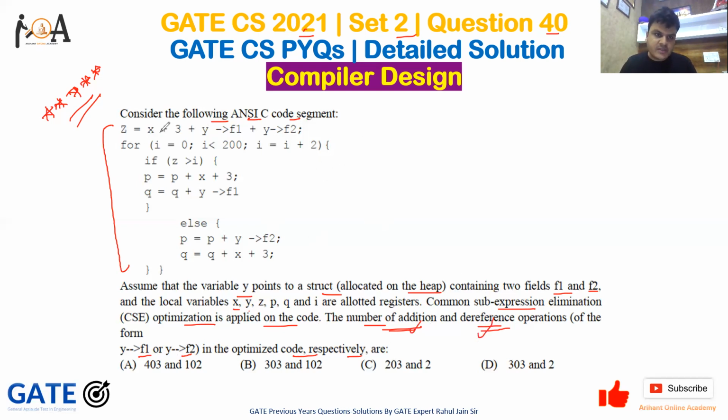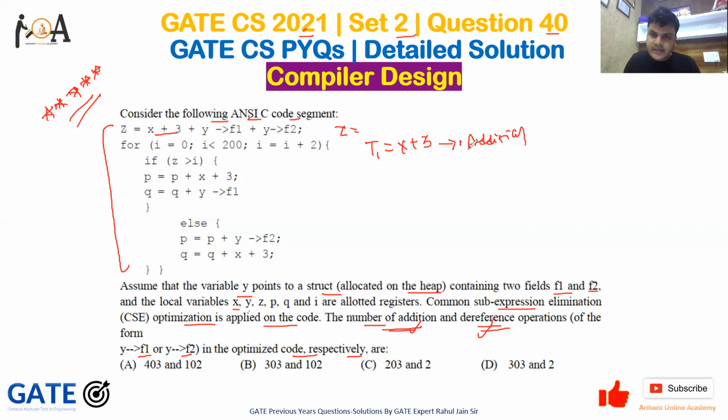So if you observe the first one, that is z equals x plus 3. Basically, x plus 3, I can write it like t1 equals x plus 3. So this is nothing but one addition, right?